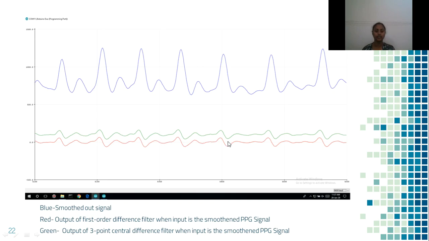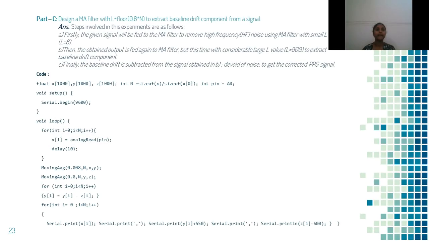And design a moving average filter with L equal to floor of 0.8 times n to extract the baseline drift component. So first of all, we'll be giving arrays x, y and z, where x will be the input, y will be the moving average ones, and z will be the difference one.